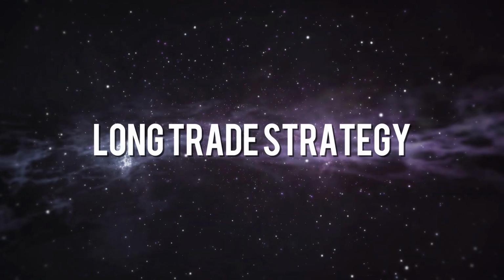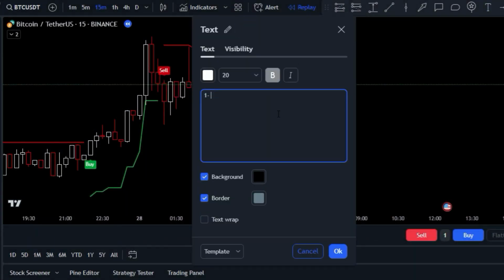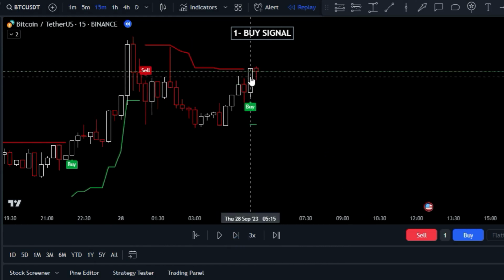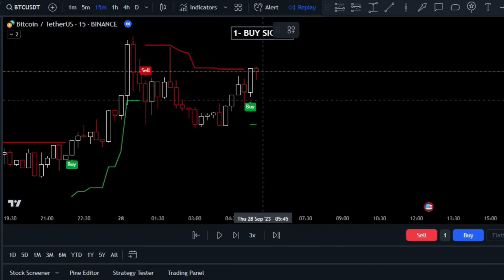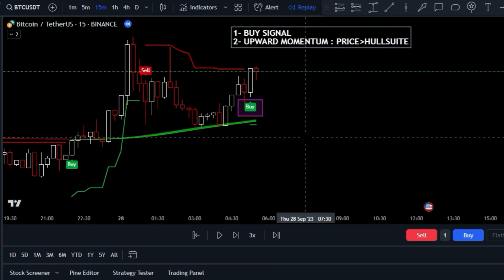Alright, let's break down the long trade strategy. Step 1. We wait for the trailing percentage stop indicator to signal a buy. Step 2. We want to see a strong uptrend, which means the price should be above the green line of our whole suite indicator.